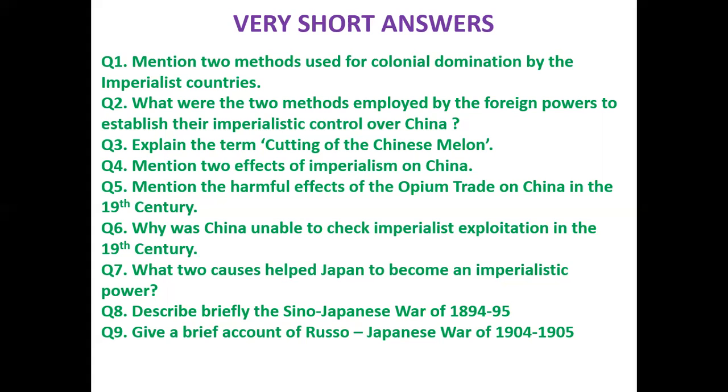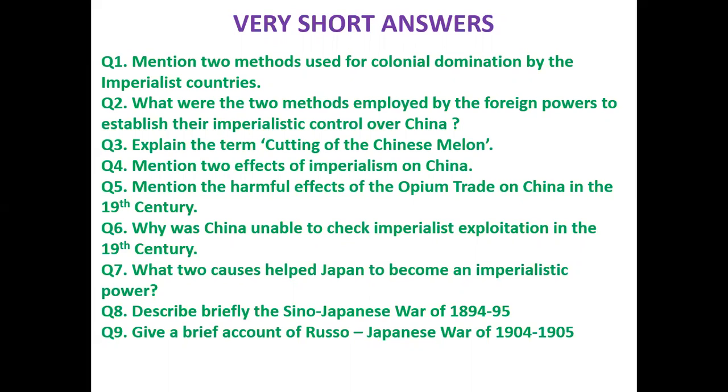And Russia got the Liaodong Peninsula and the exclusive rights to build roads in Manchuria. So this is how they cut China, and the term they use is called cutting of the Chinese melon.